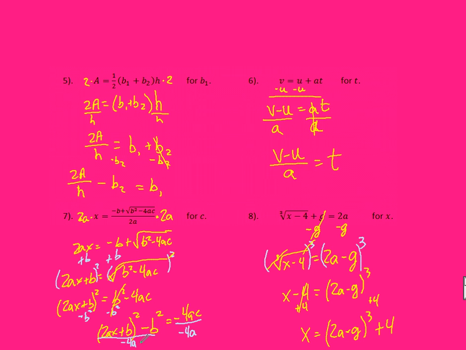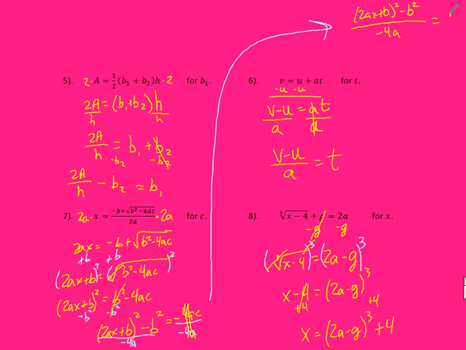And when I do that, where do I have room? Bring it up here. I have that whole thing, 2ax plus b, quantity squared, minus b squared, all of that over negative 4a is equal to, whoops, not x, equal to what was left, c.